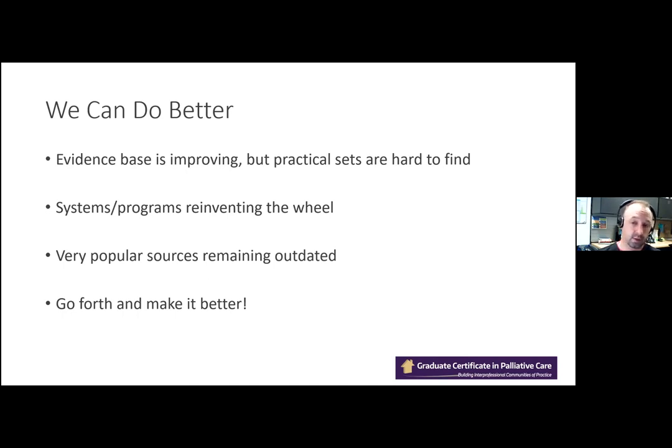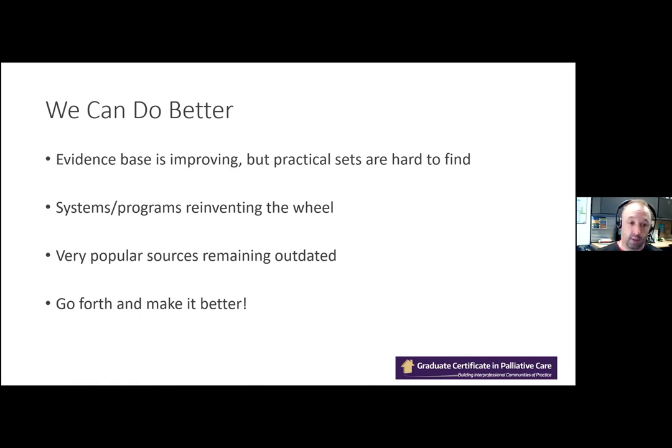So a challenge, as you go out there and become the best palliative care interprofessionals ever, is to look at ways to improve and have better national standards and practices.